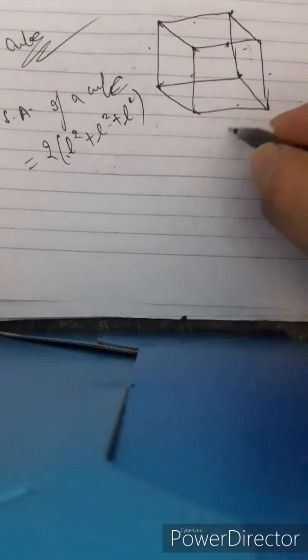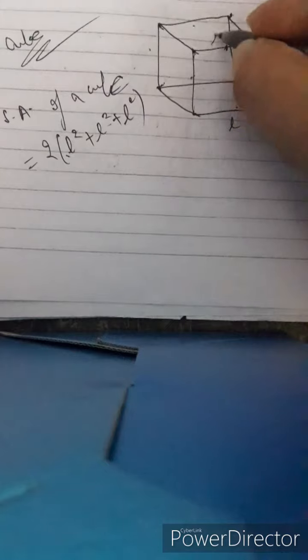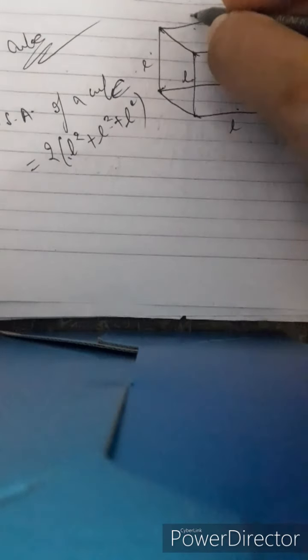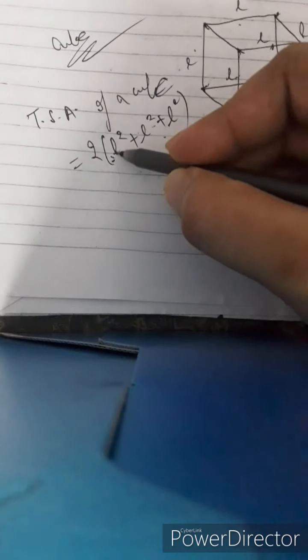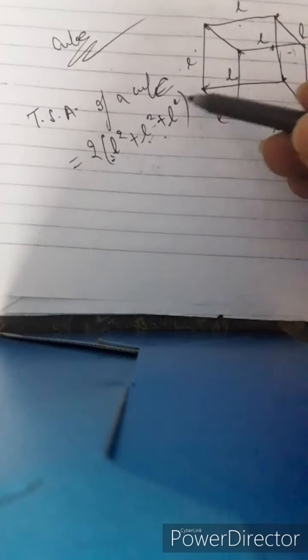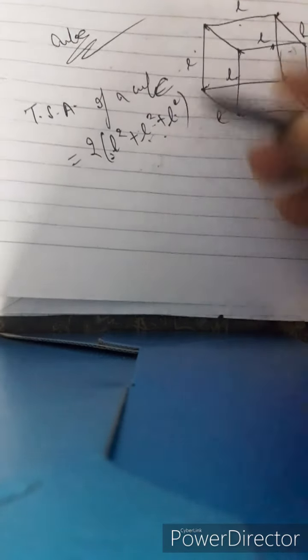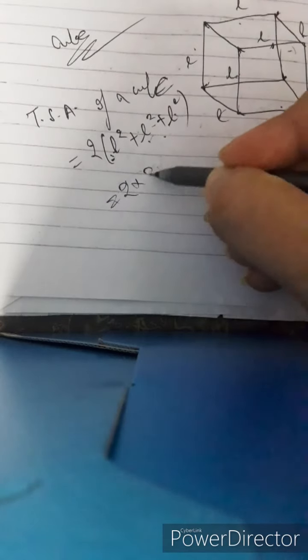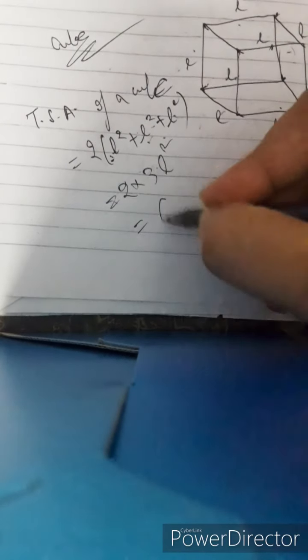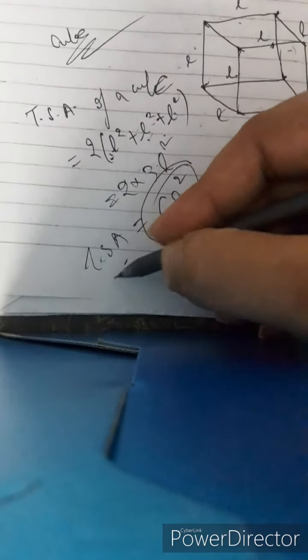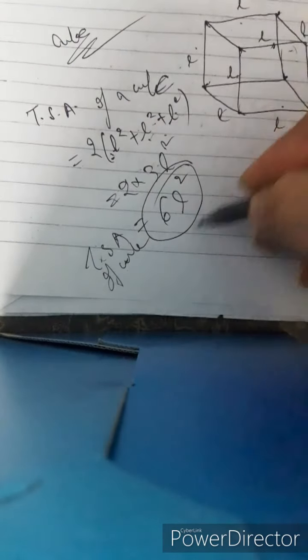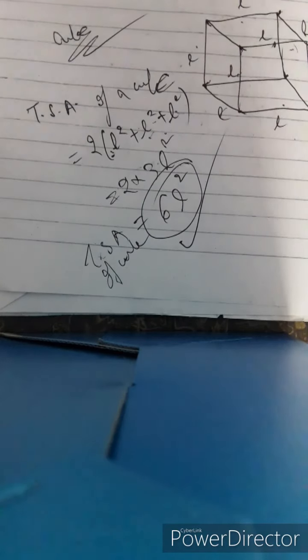Let L be the side of the cube, all the sides be L. Because all sides are equal, L into B becomes L square, B into H becomes L square, L into H becomes L square. So 2 into 3L square becomes 6L square. You can remember this formula by this method. Total surface area of cube can be denoted by 6L square.